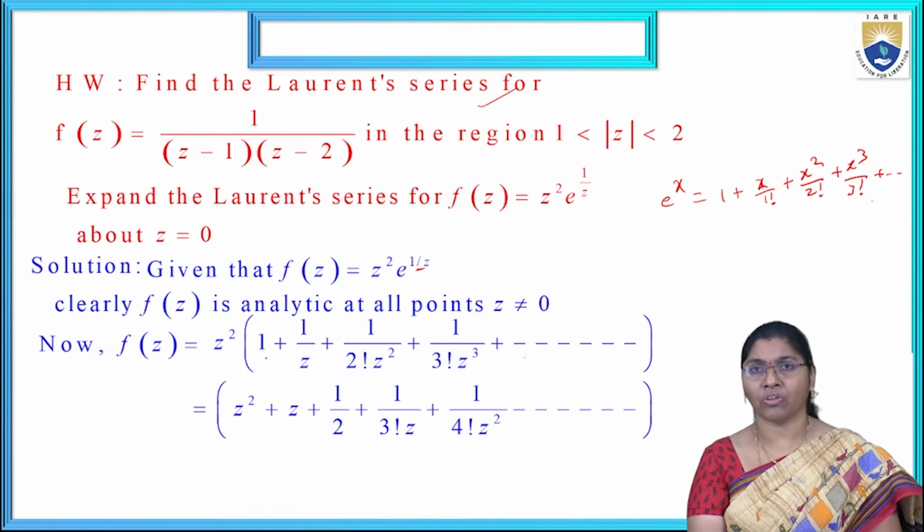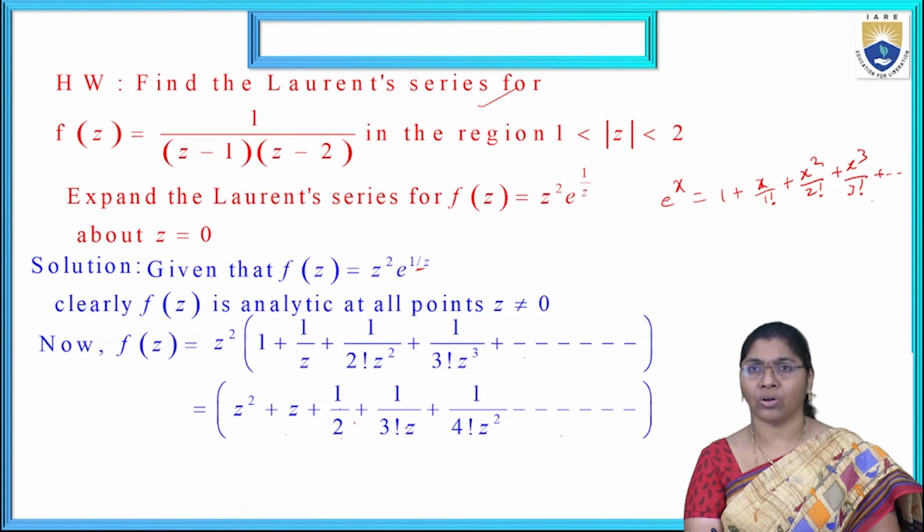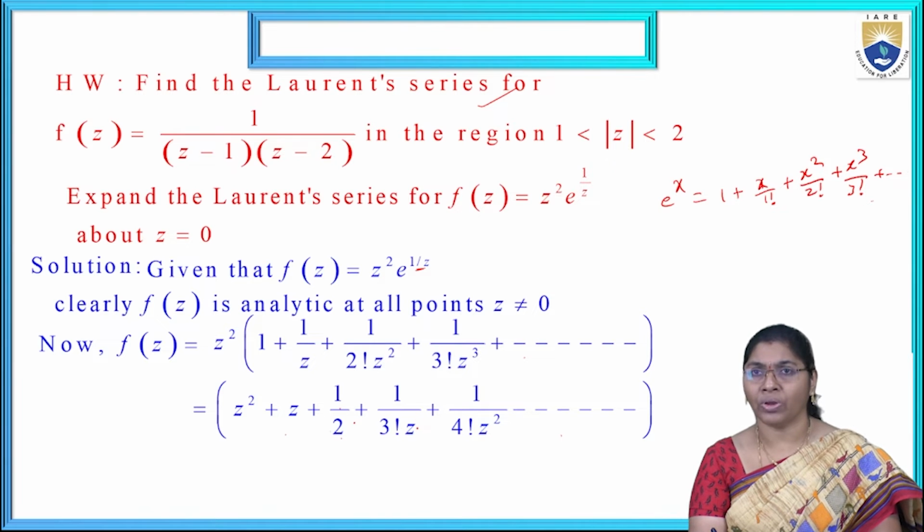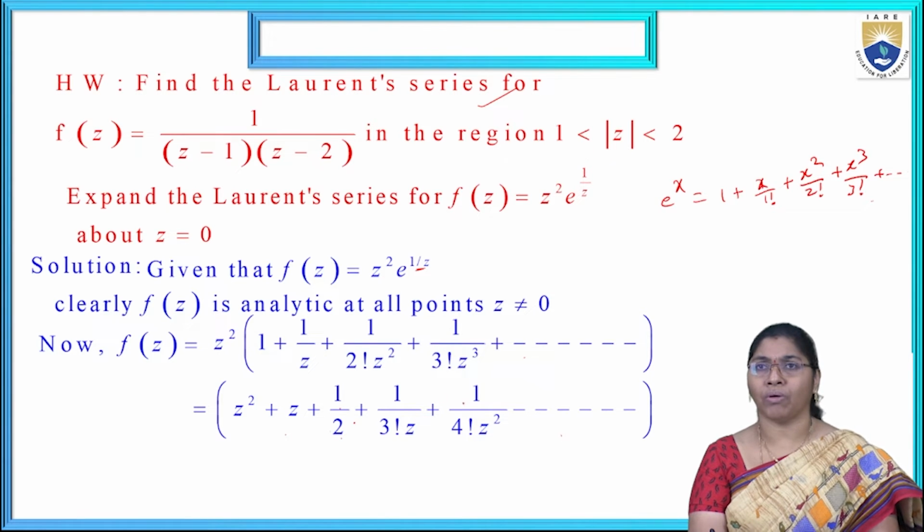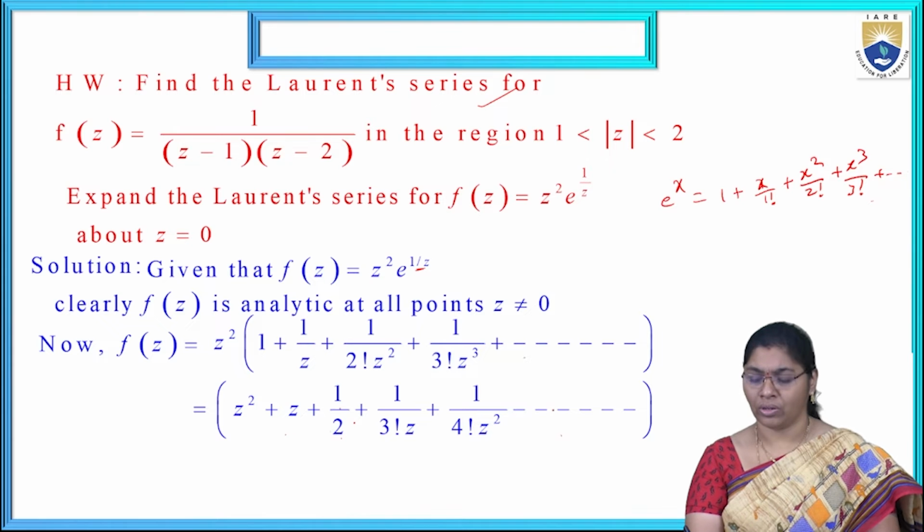Now multiplying with z square, in total these complete terms give z square into 1, that is z square, plus z, plus 1 by 2, since z square cancels, plus 1 by 3 factorial into z square by z cube, that is we get only 1 by z, plus 1 by 4 factorial into z square, up to so on.